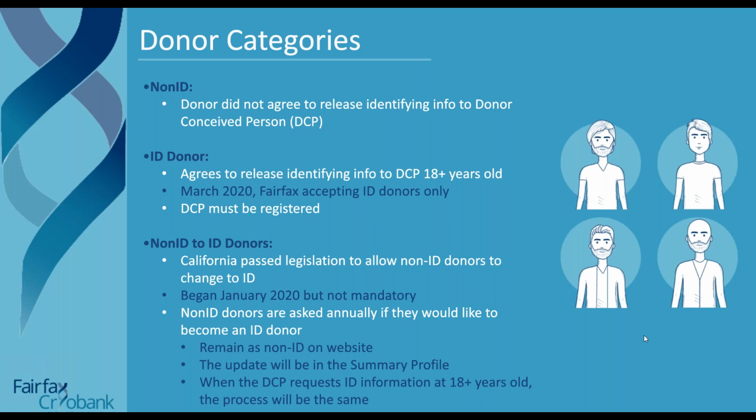They'll remain as non-ID on the website, but we will update it in the summary profile, which I'll show you soon. When the DCP requests ID information at 18 plus years old, the process will be the same as the ID process. Again, I'll go over that at the end as well. Overall, we do leave this decision up to you, and we will support whatever preference you like.